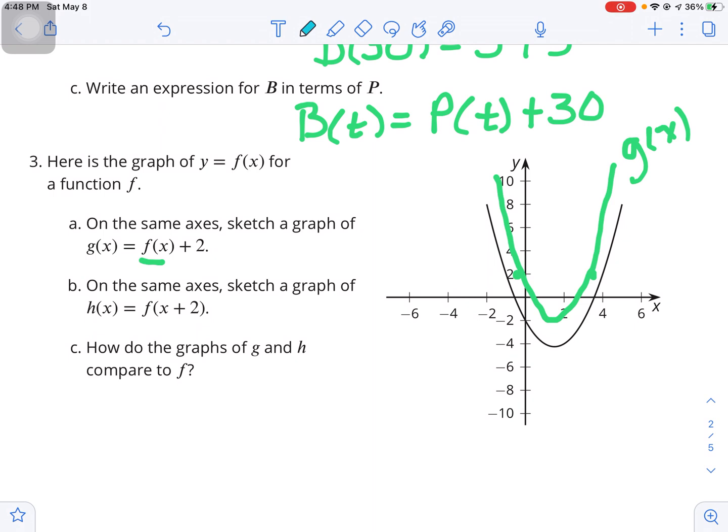So that means that if f of x is at 0, we're going to move it 2 units to the left. I'll just take this point and move it 2 units to the left, right about there, and then give it the same shape. So this is h of x.